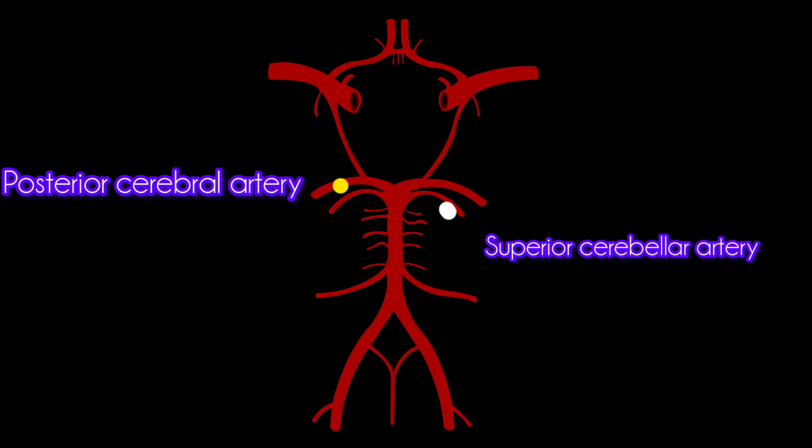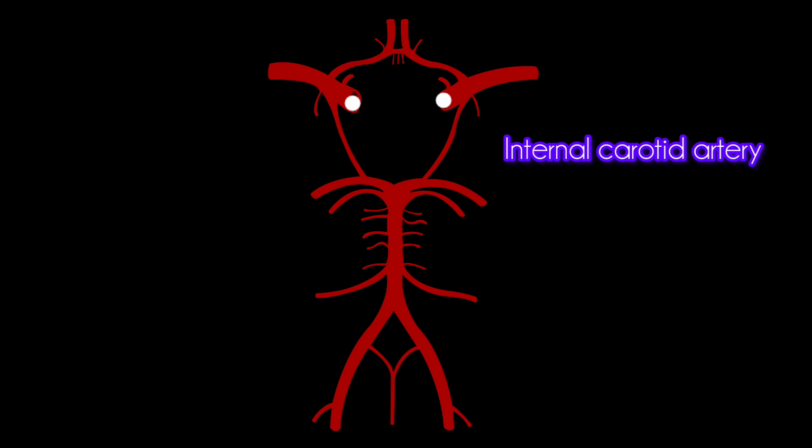All the remaining ones, which means the superior cerebellar artery, anterior inferior cerebellar artery, and posterior inferior cerebellar artery, supply blood to the cerebellum, that means the posterior part of the brain. That's all about the vertebral artery system or posterior system.